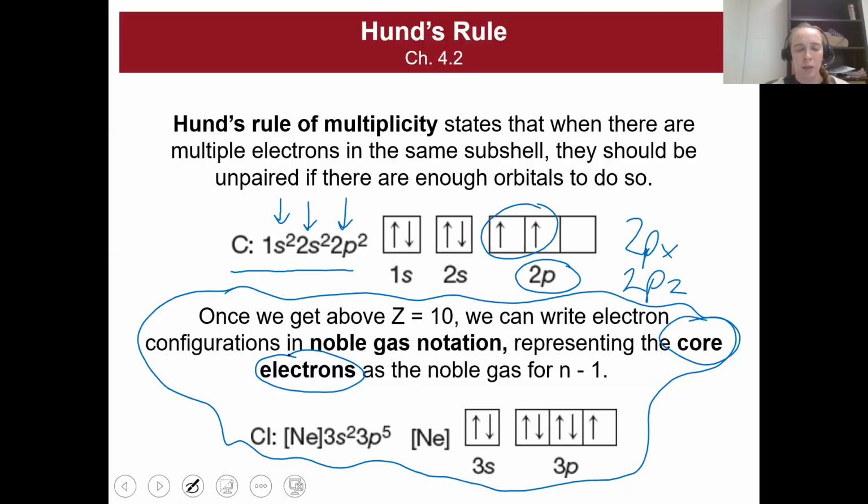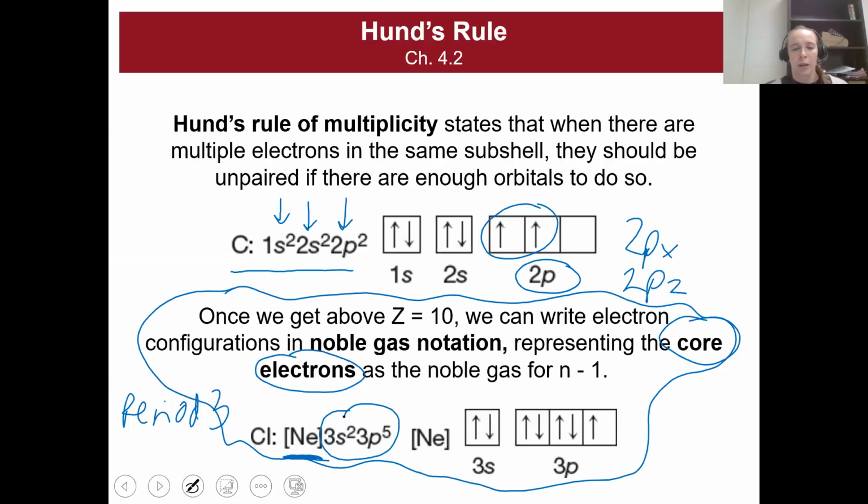So for chlorine, chlorine is in period 3. So we use the period 2 noble gas as our core electrons. So we have neon as our core, and then we have the 3p electrons that neon doesn't have. So we add the 3p electrons to neon to get over to chlorine.